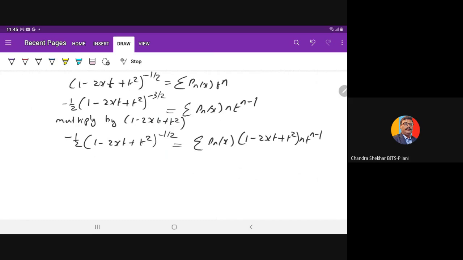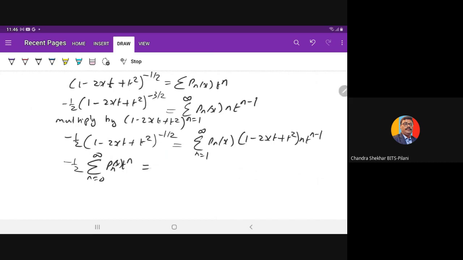Now, what is the value of (1 minus 2xt plus t square) to the power minus half? That is the summation P n of x t to the power n, for n equals 0 to infinity. And as you have differentiated this, the summation on this side will start from n equals 1 to infinity, while the left side summation will be n equals 0 to infinity.